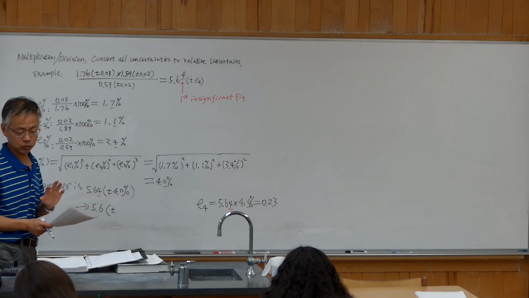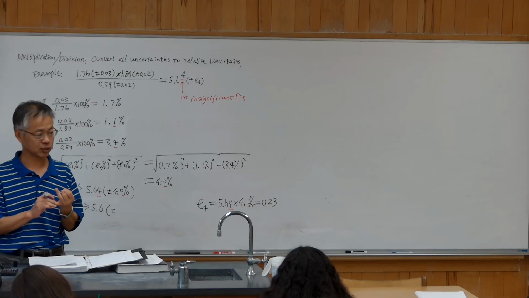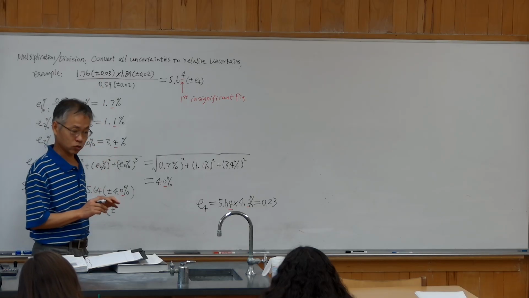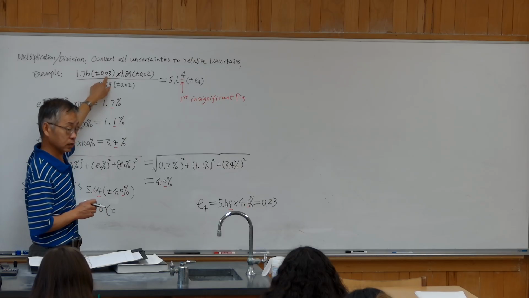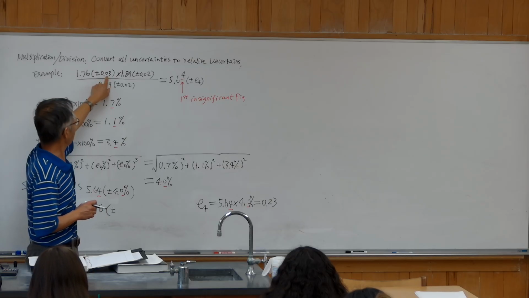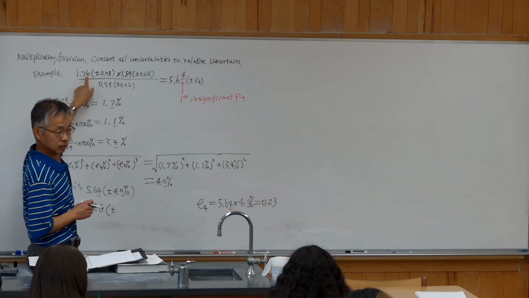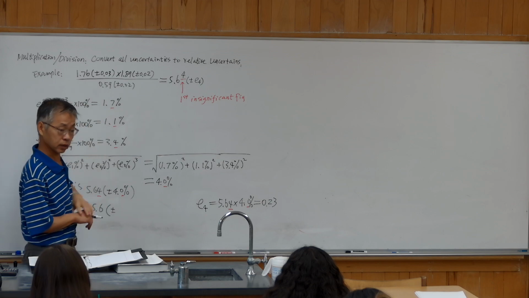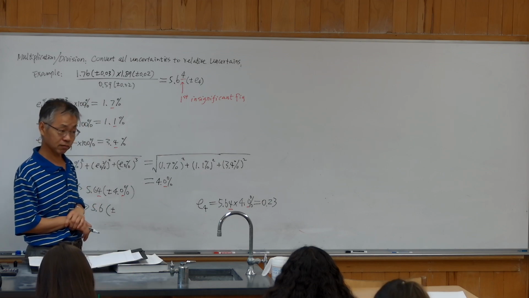Don't get confused. We have several different concepts: random error, systematic error. Plus or minus means random error. But this is absolute uncertainty. This means it could be 0.03 larger than this, or 0.03 smaller than this. But 0.03 is the absolute value.